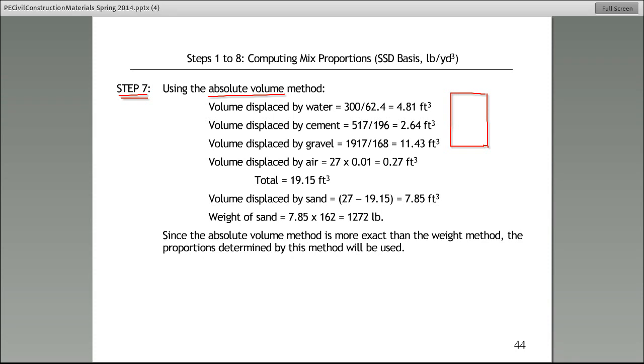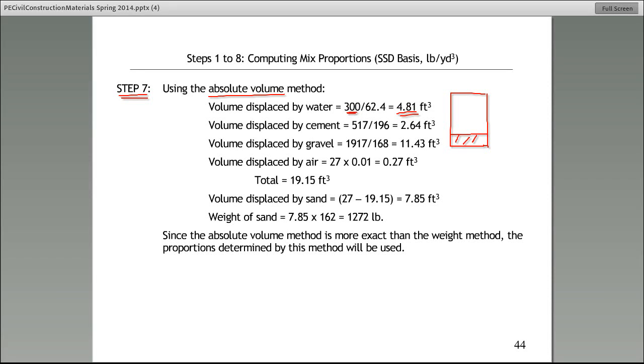We're going to convert, for example, in terms of water, convert the 300 pounds to its equivalent volume, cubic feet. We divided that by 62.4. You know where that comes from. All right? So in this container, we have 4.81 cubic feet of water.